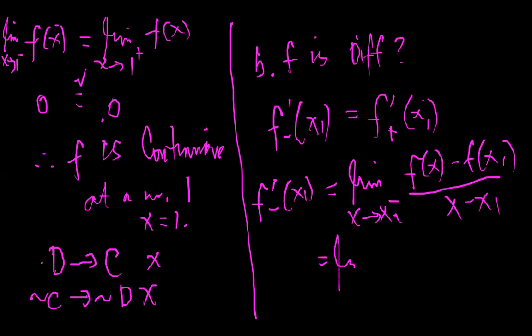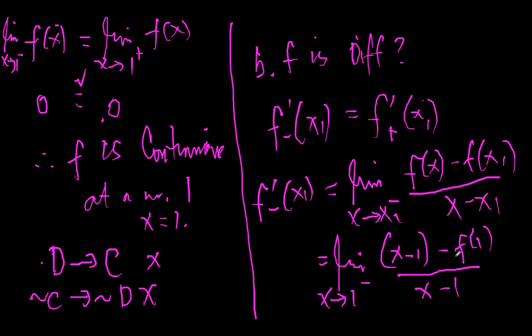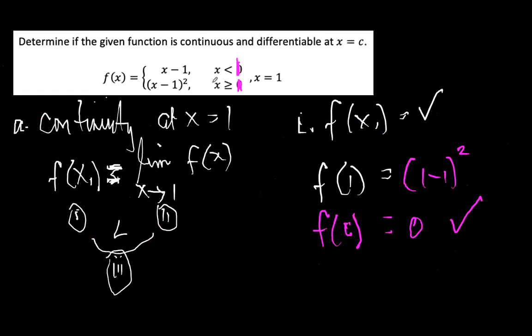So that's the limit of x minus 1 minus f of 1 all over x minus 1 as x approaches 1 from the left. Okay, and what is the function value when x is equal to 1? So when x is equal to 1, our function value is 0, right?